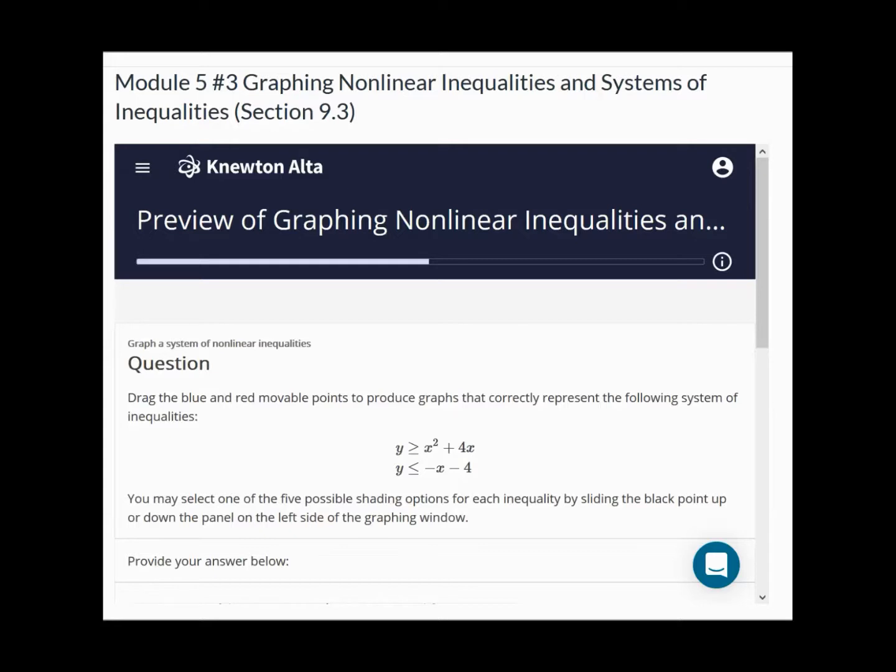Now to find the y value, I plug that back in. On paper, that's negative 2 squared plus 4 times negative 2, and that gives me 4 minus 8, which is negative 4. So my vertex, keep this in mind, is negative 2, negative 4.